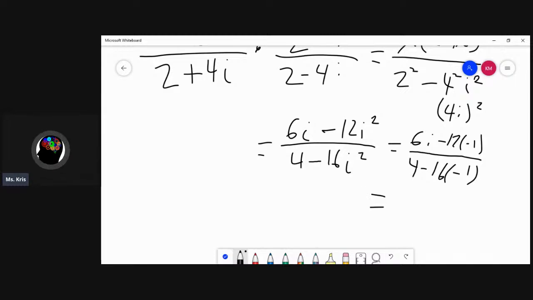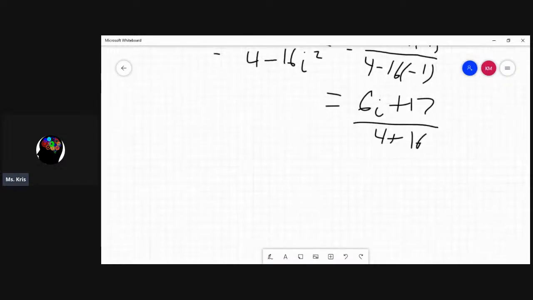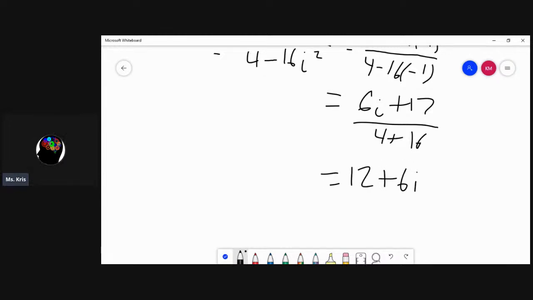And what you are left with is 6i plus 12 over 4 plus 16, which leaves me with 12 plus 6i all over 4 plus 16, that gives me 20.